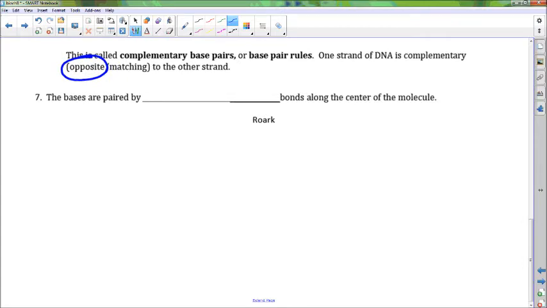Weak hydrogen bonds. You can't just say hydrogen bonds. But it is important that they're weak, so that the DNA molecule can separate. We'll be talking about that today. Okay, any questions there?